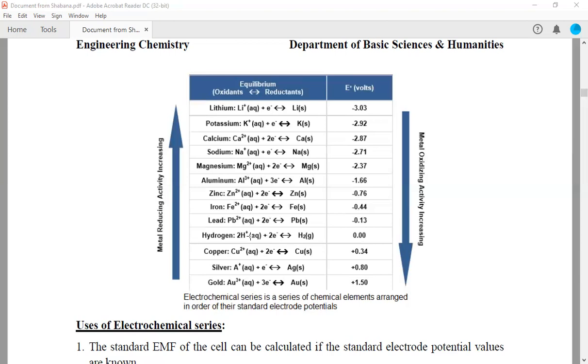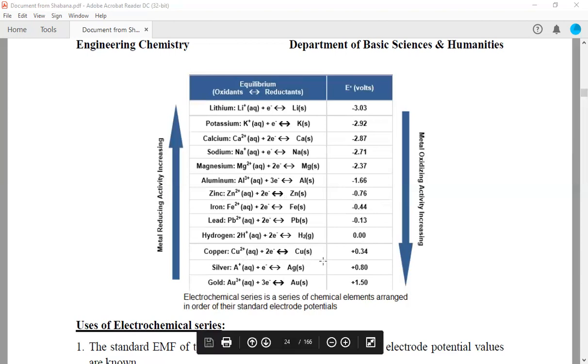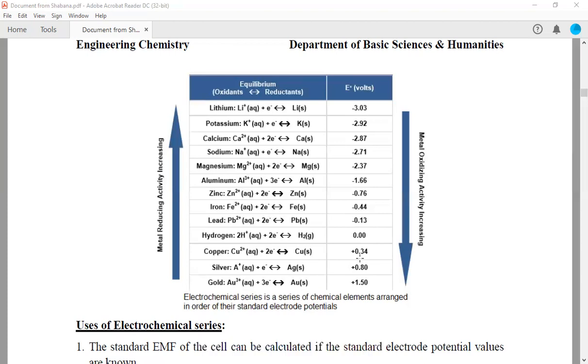Suppose you take zinc, the electrode potential value is minus 0.76 volts, which is less than copper, whose electrode potential is plus 0.34 volts.